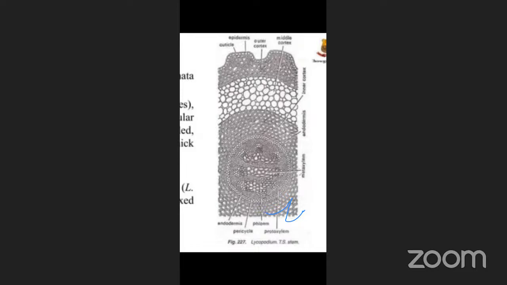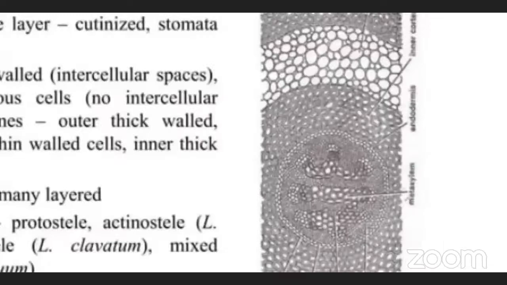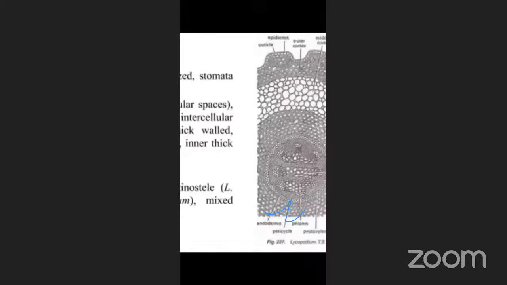So these four types of steles are present in Lycopodium, depending on the species and the arrangement of xylem and phloem. Okay, clear?